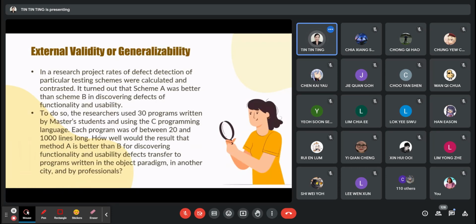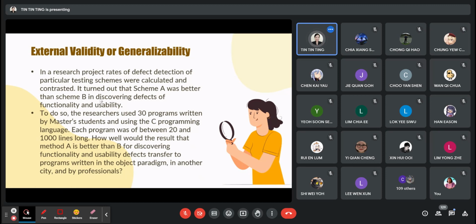Okay, now in this situation, this is in C programming language, and after they have done this, they have found out the result is that scheme A is better than scheme B. Scheme A is better to find out the defects in the program as compared to scheme B.